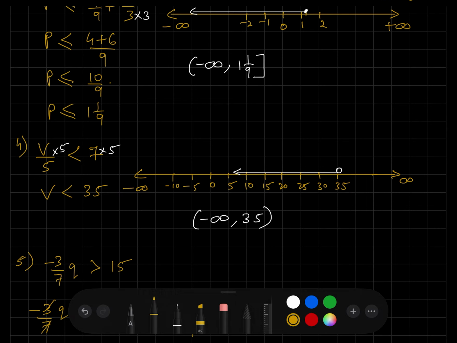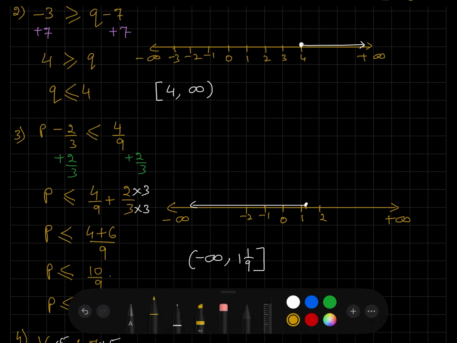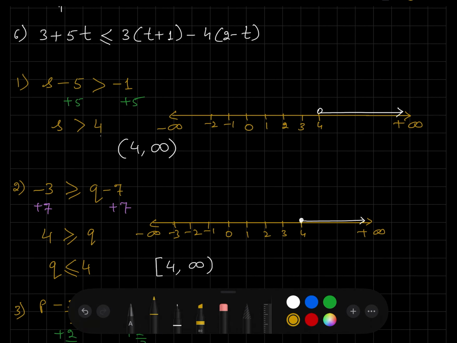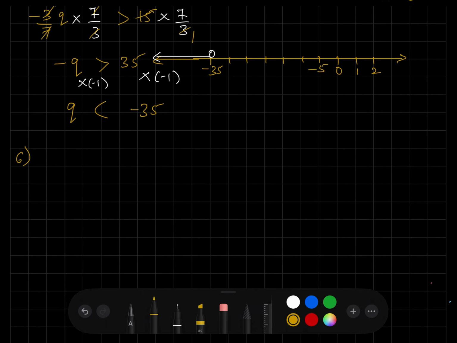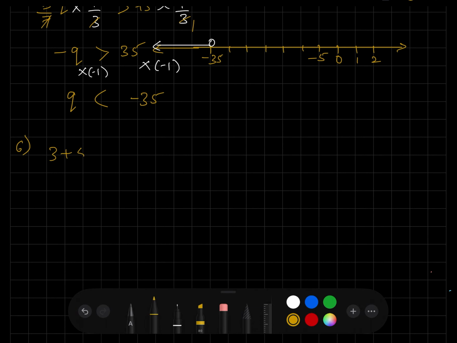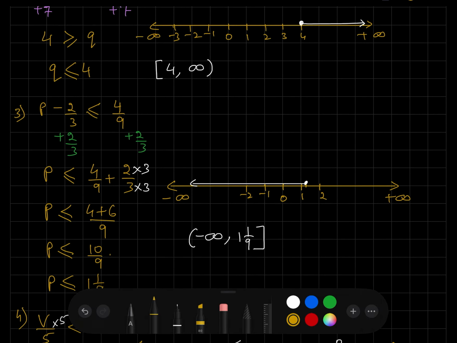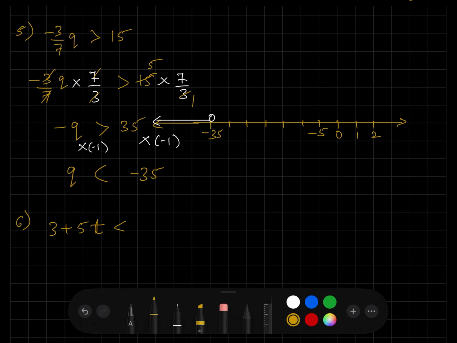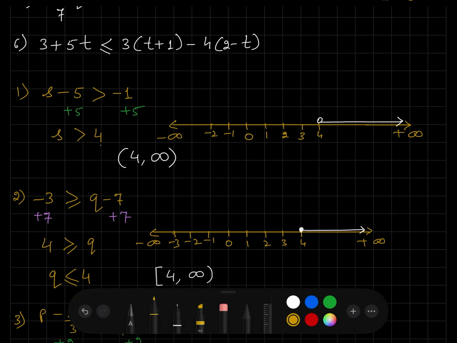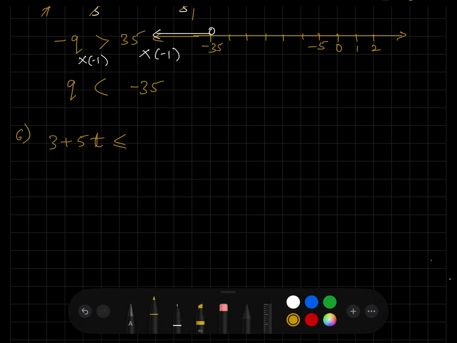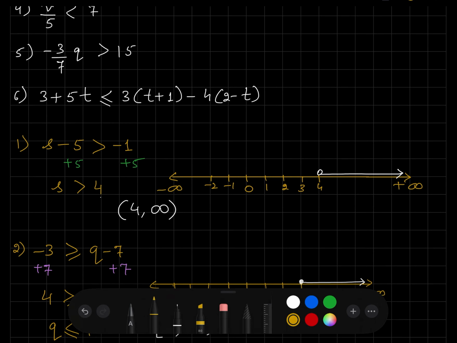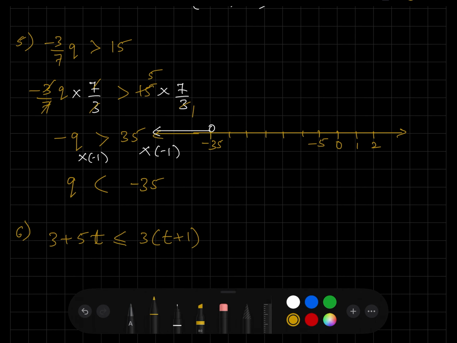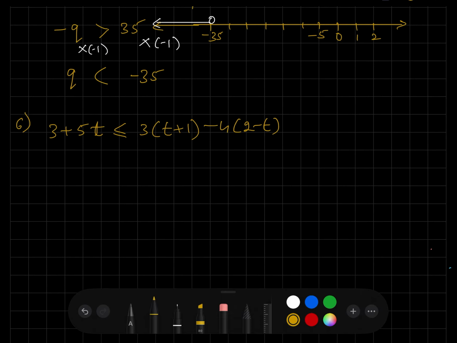Number 6 is a multi-step inequality. Let us rewrite it: 3 plus 5t is less than or equal to 3 times (t plus 1), minus 4 times (2 minus t). So this is a multi-step inequality.